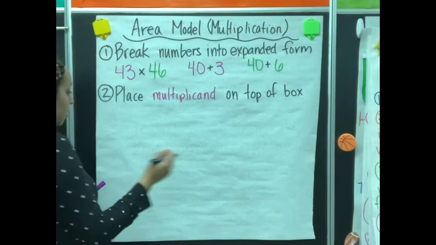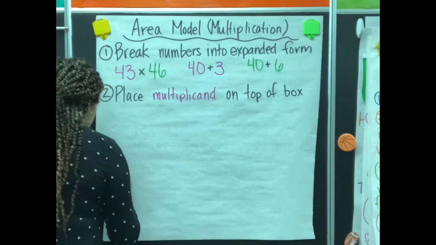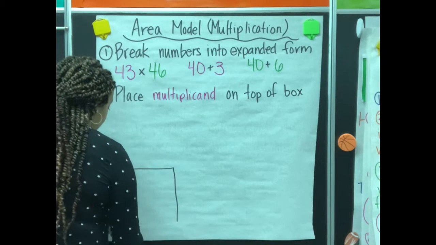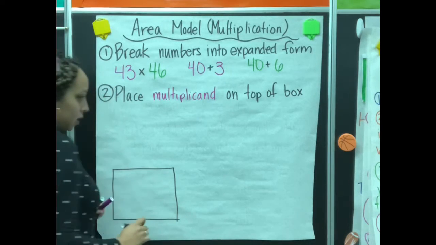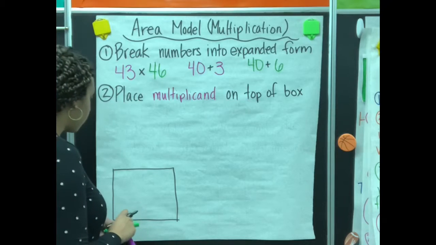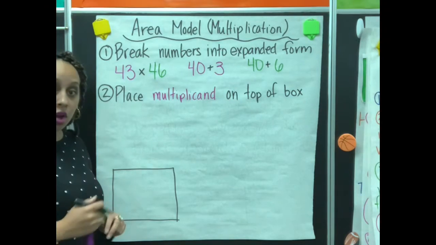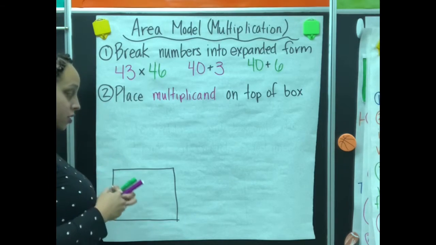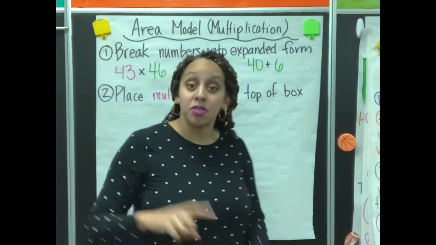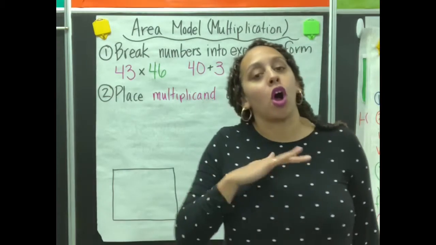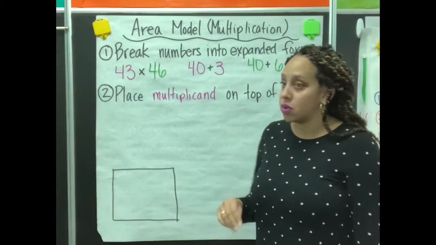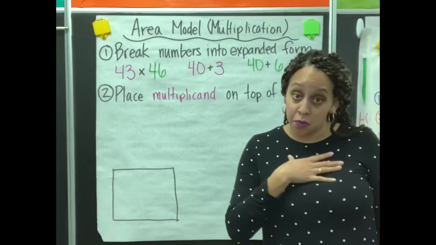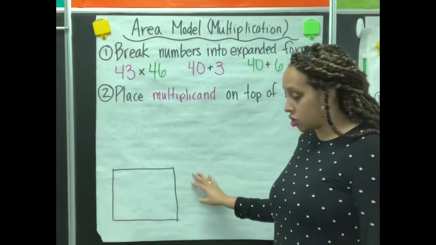So when we're doing the area model, we always model it with the box, because it's almost like we're finding the area, hello, 3rd and 4th grade stuff, of our box. So we place our multiplicand on the top. We always place it on the top so that universally as a 5th grade, we're all doing the same thing. So it's not I'm doing one thing, you're doing another thing. It's we're all doing the same thing, so it's easier for me and your teachers to check your stuff.